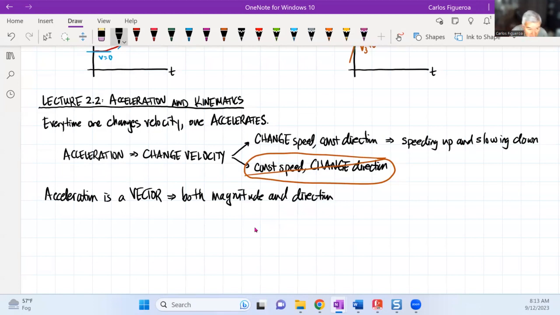So what I'm going to do here is that I'm going to split both of those out. So I'm going to start with the magnitude of the acceleration, and then I'll get to the direction of the acceleration. So here I go. So now let's start with the magnitude of acceleration.